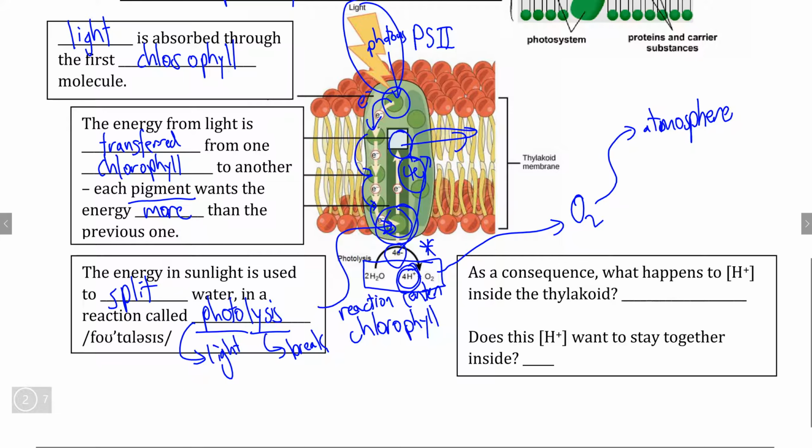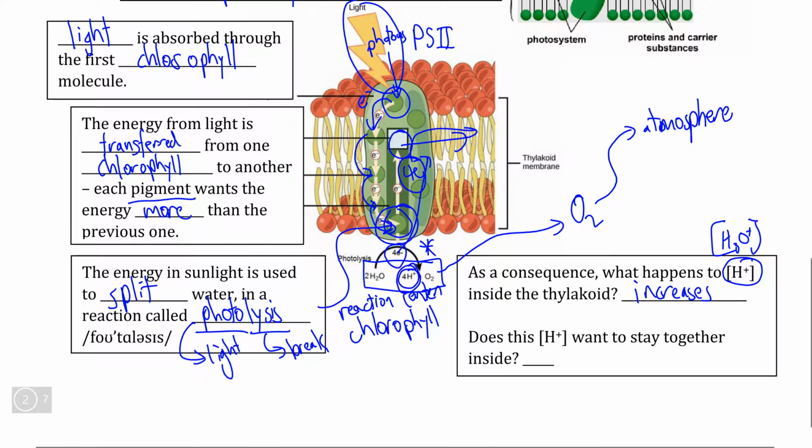As a consequence of the reaction center chlorophyll driving the process of photolysis, overall the concentration of acid ions, H+ or H3O+ ions if you prefer, is naturally going to increase.